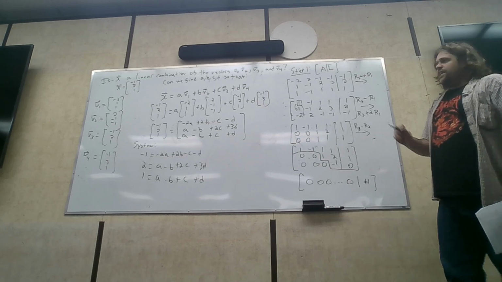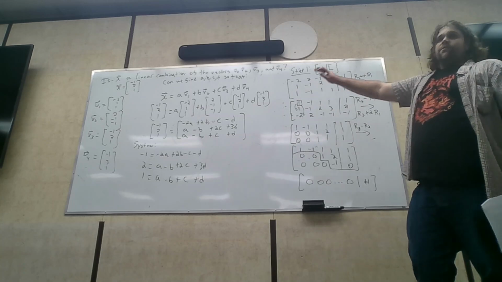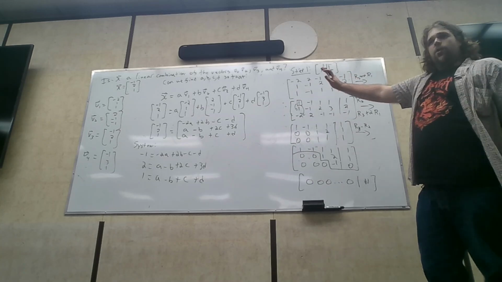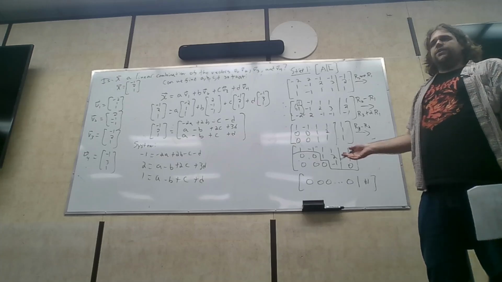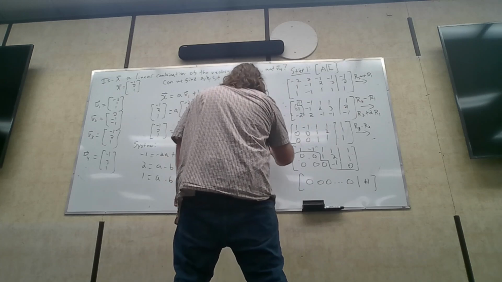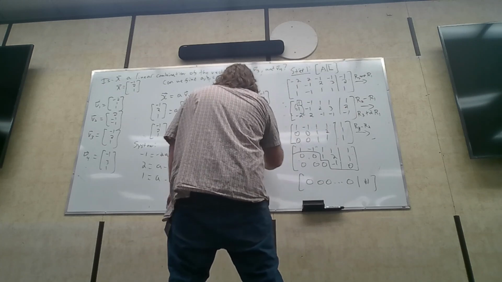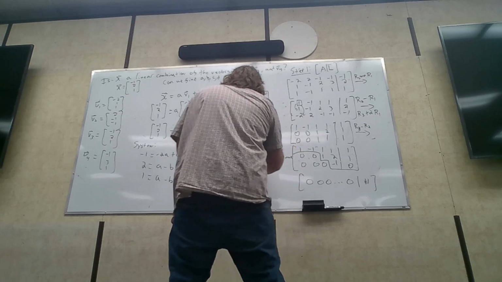So the point is, this is enough to answer this question as written. If it said, find A, B, C, and D, then we would have to keep going, but it just said, hey, is it? And we could just say, well, yeah, it is. We can solve this. So yes, since we can continue to solve this.